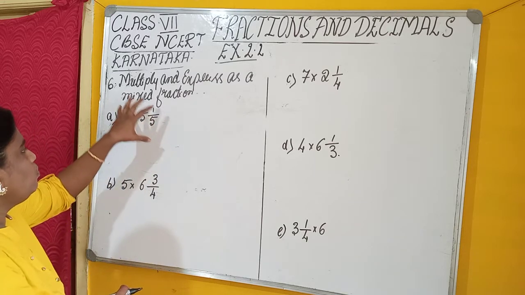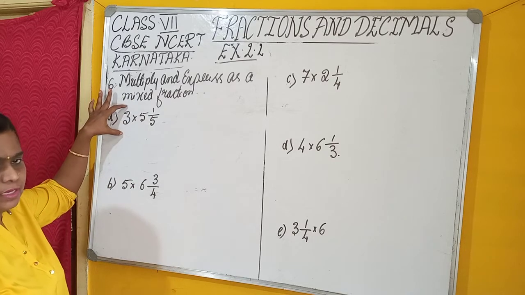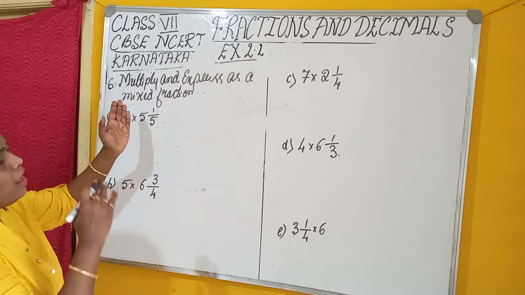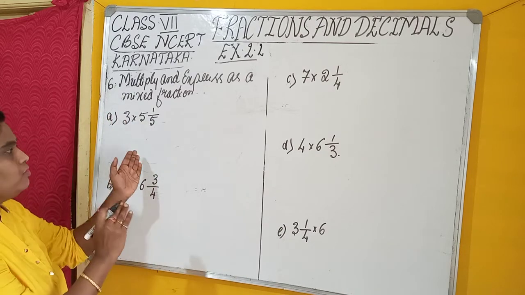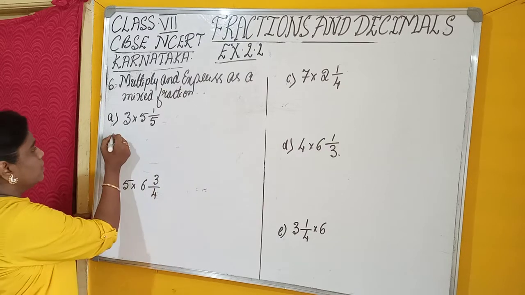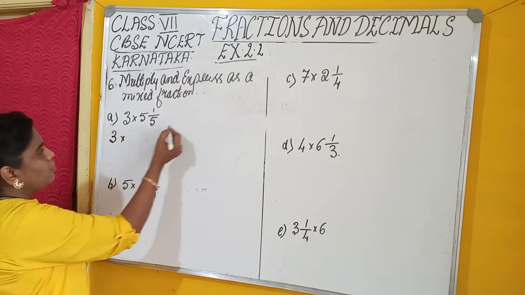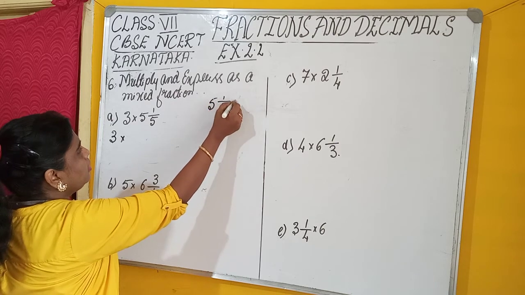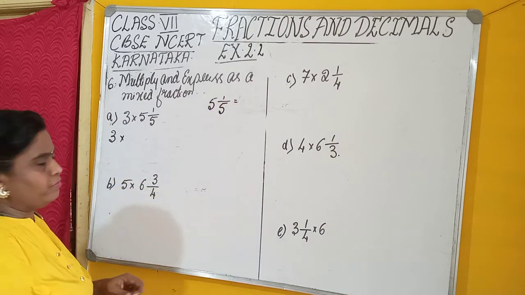First we have to know here one whole number is given along with a mixed fraction. Again we have to convert the mixed fraction into an improper fraction. That is 3 into 5 1/5. Do you know how to convert the mixed fraction into improper fraction?